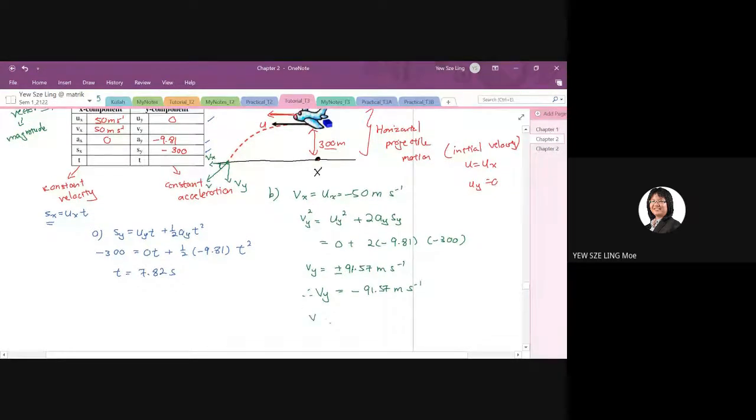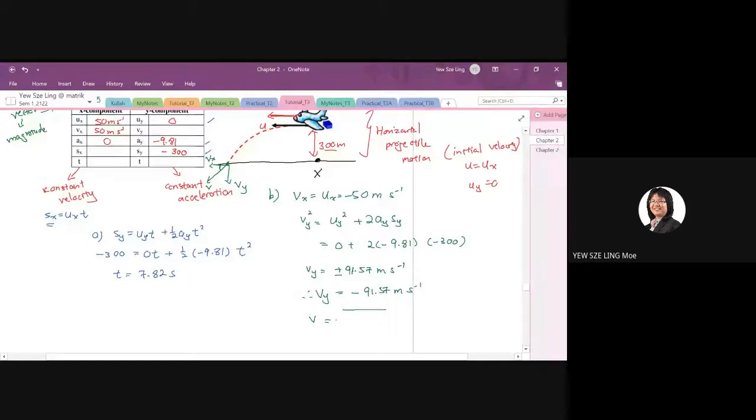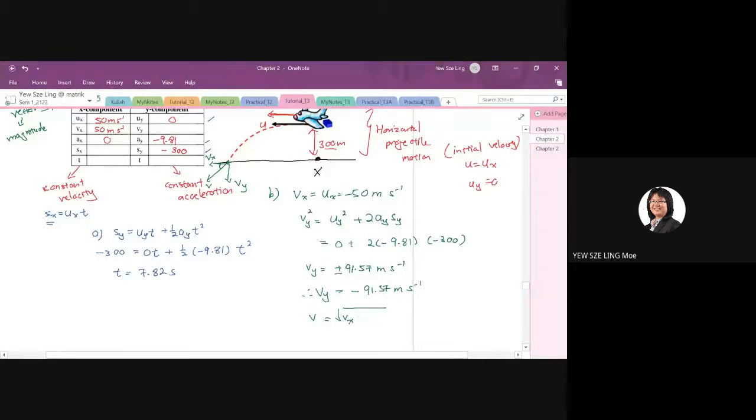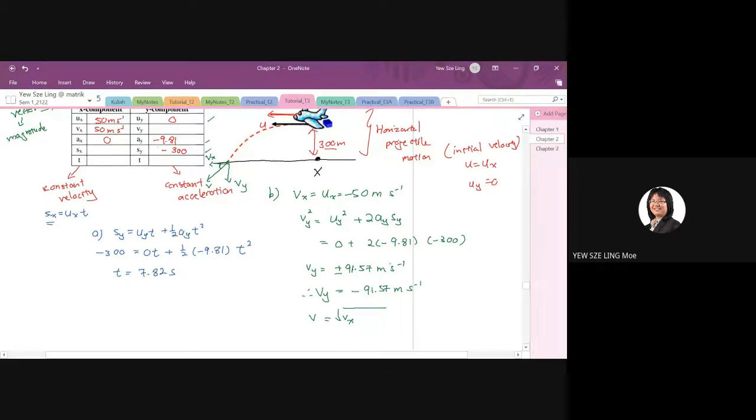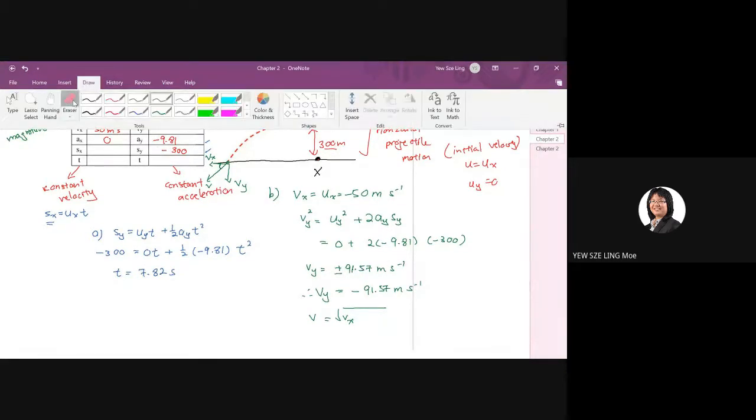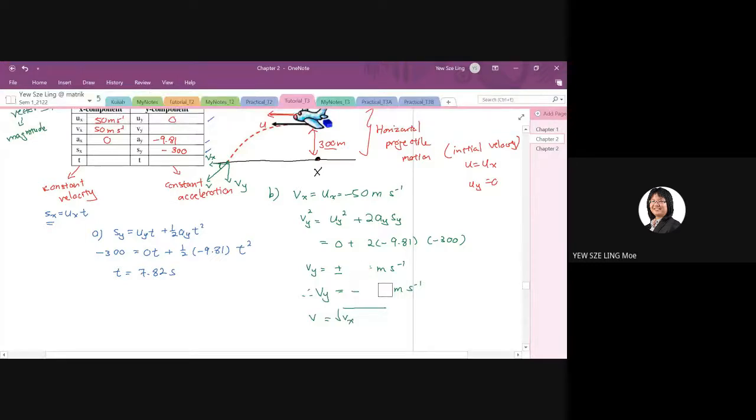Oh wait, my Vy is not 91.57. Okay, I made a mistake here. My Vy should be negative 76.71.